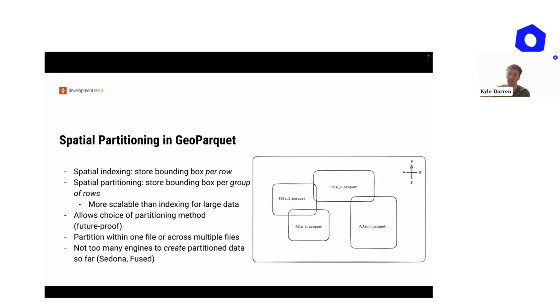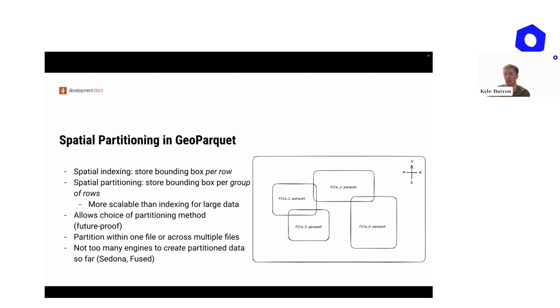That makes it really fast to get a small number of rows out of the file, whereas GeoParquet, being an analytical file format, only maintains the spatial information of each chunk of rows. This means that it can scale a lot better than some of these other formats at really large scales.